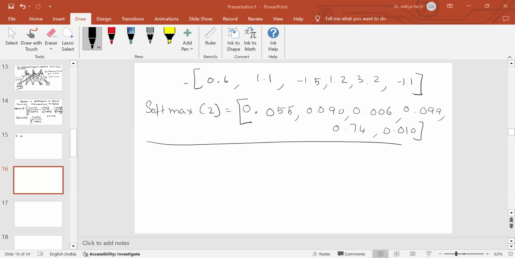Since it is an input, a of 0 is the input that is being given over here. From a of 0 you are applying weights along with the bias b1, and what is generated is z1. That's what we have written over here.